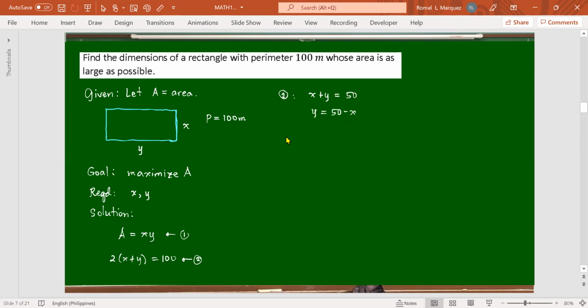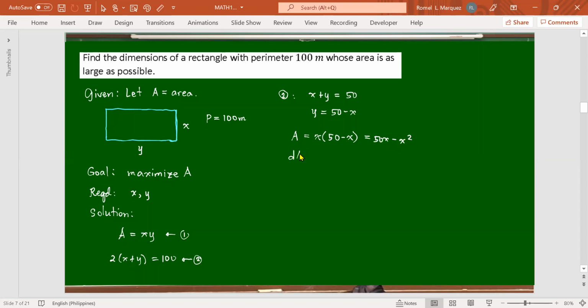Actually, this problem can be solved using algebra by quadratic function. You can find the maximum of the quadratic function at the vertex, because the graph of this is a quadratic in x. When expanded, this is 50x minus x squared.